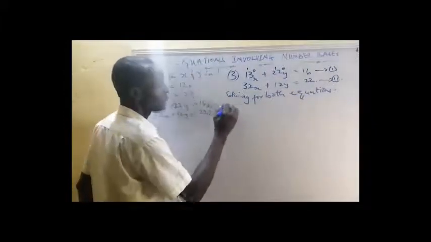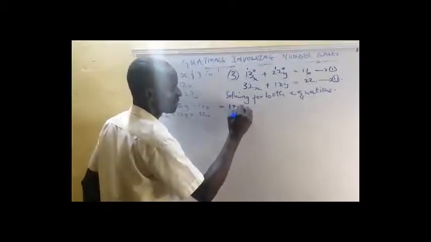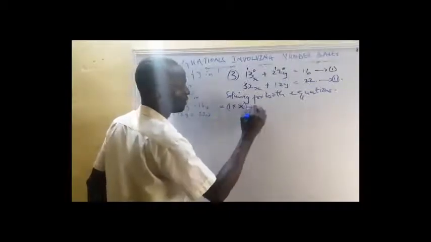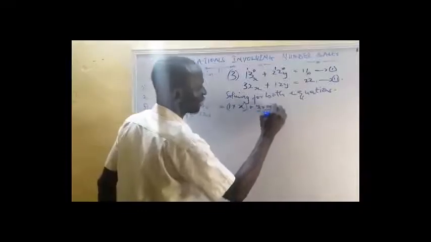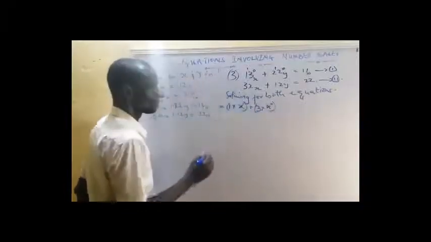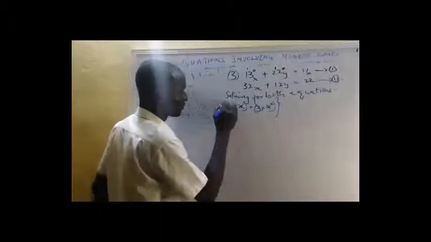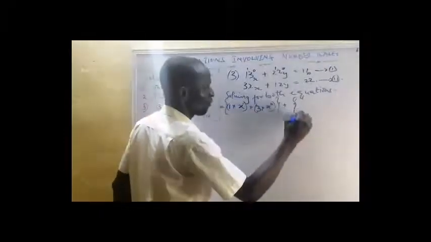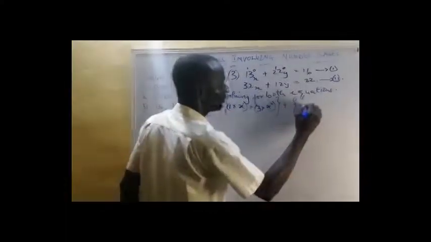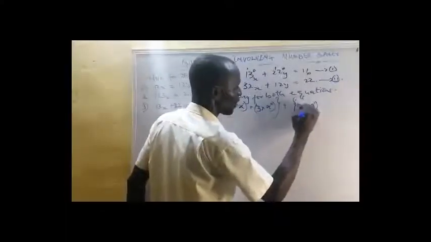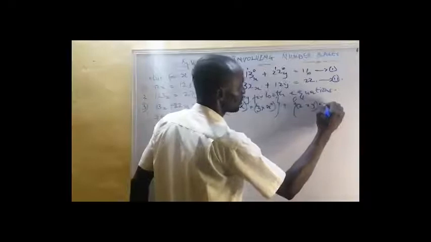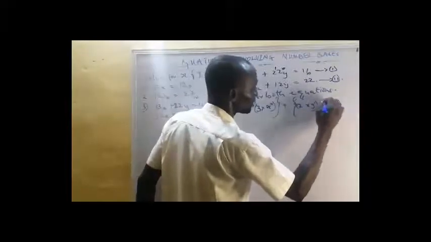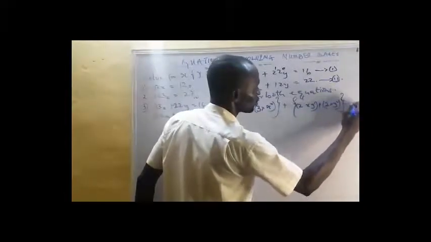My equation 1 becomes 1 times x raised to power 1 plus 3 times x raised to power 0, now plus, let's open this up, 2 times y raised to power 1 plus 2 times y raised to power 0 is equal to 16.